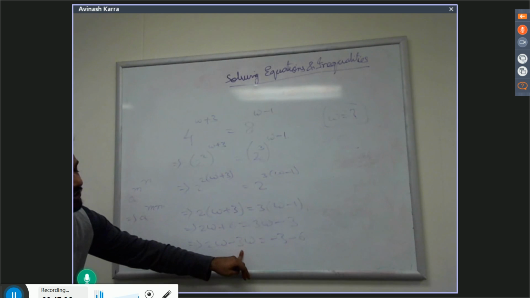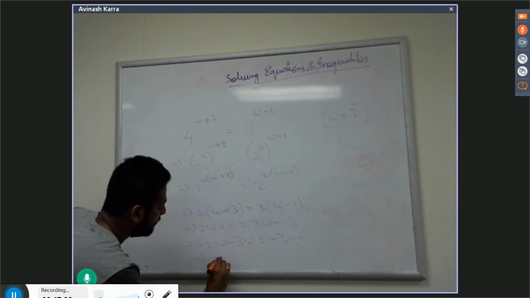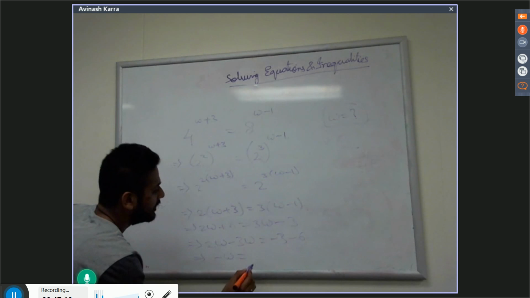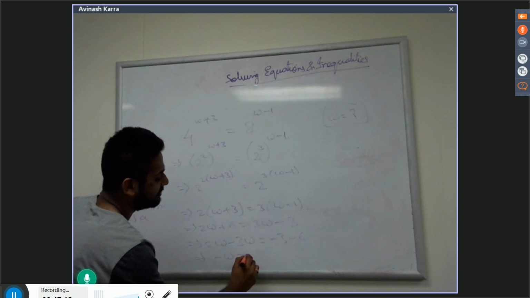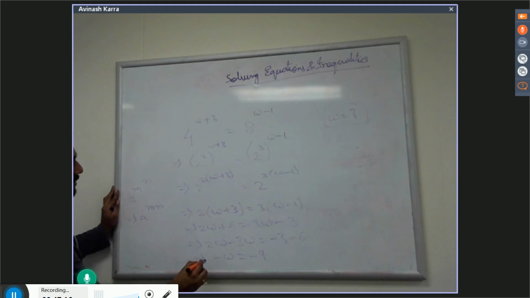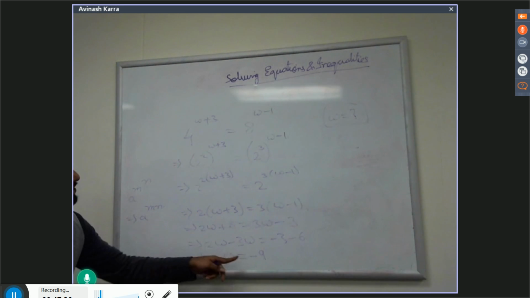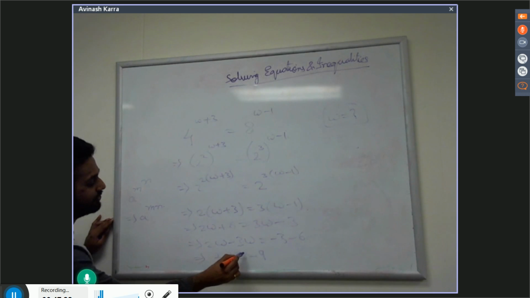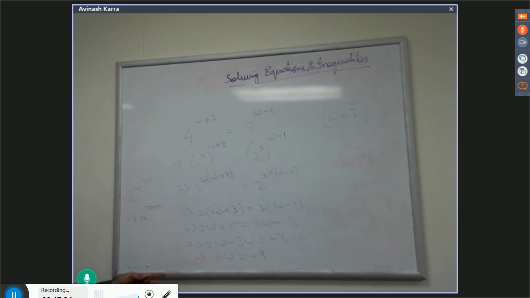So 2w minus 3w is minus w, equal to minus 3 minus 6, which is minus 9. Both sides are negative, so I can make them positive. So w is equal to 9.